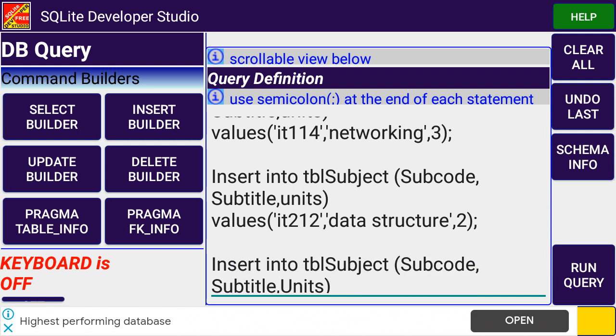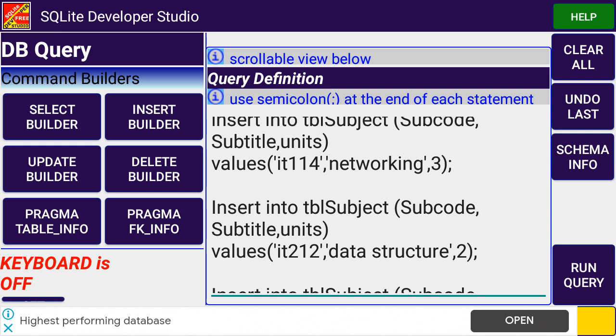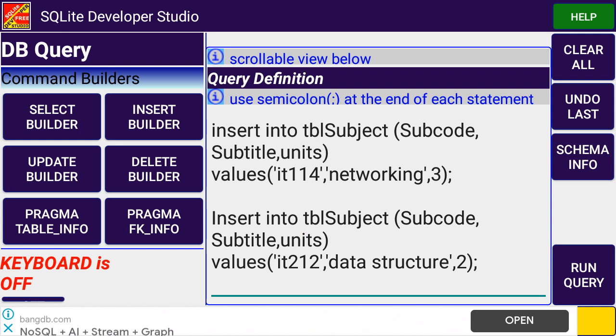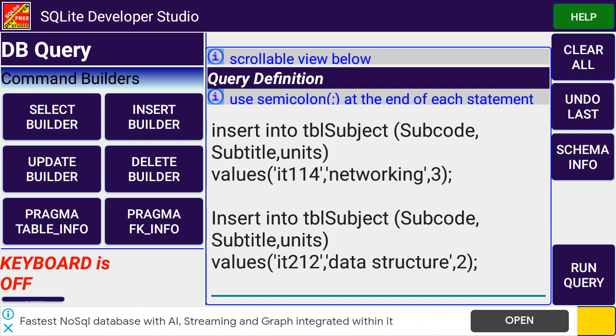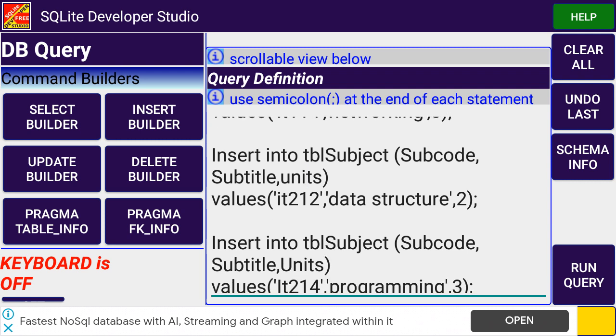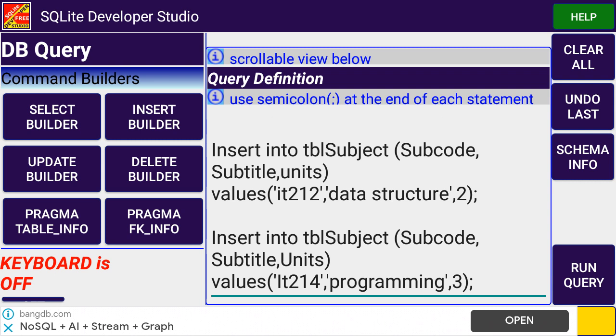So, and then values, then in the subcode and the subtitle, their data type is a text. So in that part, I used a single quotation, and then I enclose the parentheses. So same is true to the other columns.